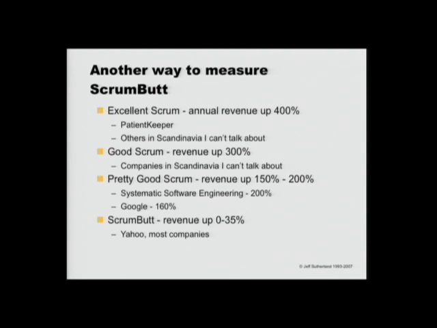I gave a couple of examples. Even Google fits in that category. But if you're doing Scrum butt, it's improving, but it's not worth writing home about, okay? So how many people want to move beyond Scrum butt in here? Okay, most of you are doing Scrum.